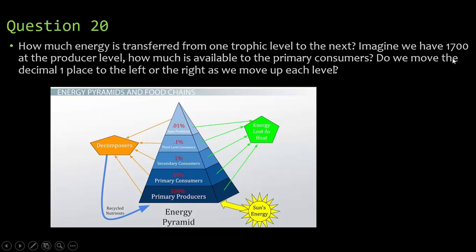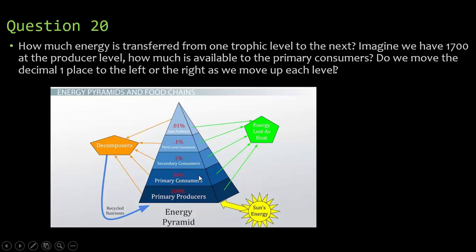So we know 10%. Well, if we have 1,700, we can move the decimal. Do we move the decimal one place to the left or the right as we move up each level? Well, here you can see we have 100%. Here we have 10. Here we have 1, 0.1, 0.01. That decimal is going one place to the left for each level that we move up. So when I go from my producers to my primary consumers, I just move that decimal one place to the left, and instead of having 100.0, I now have 10.0.